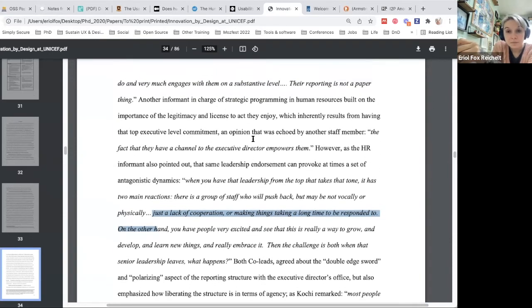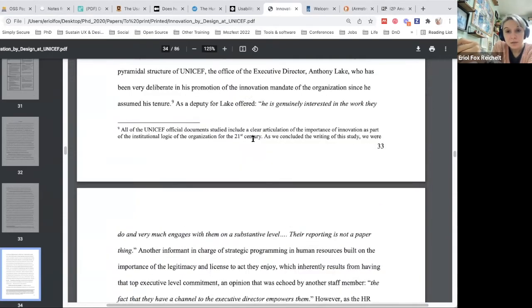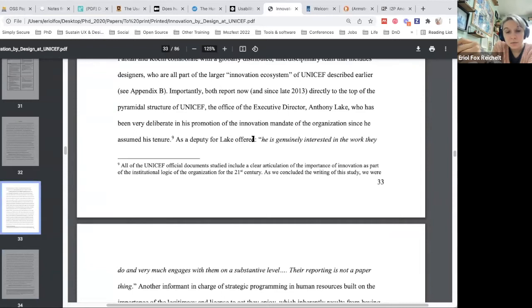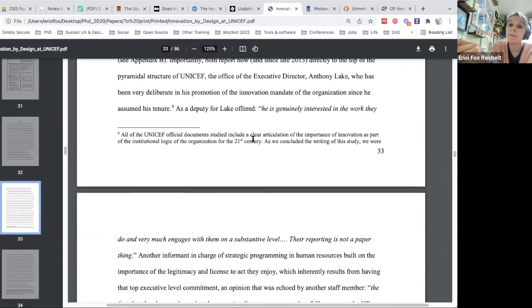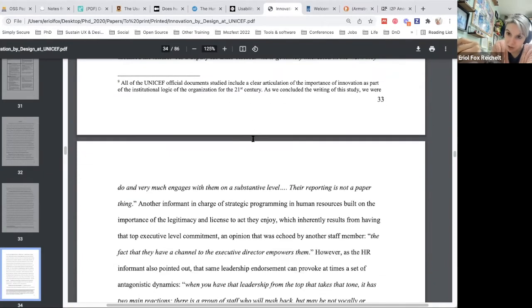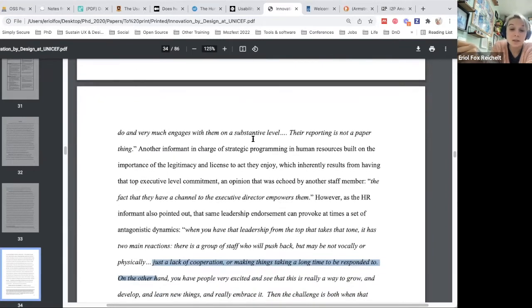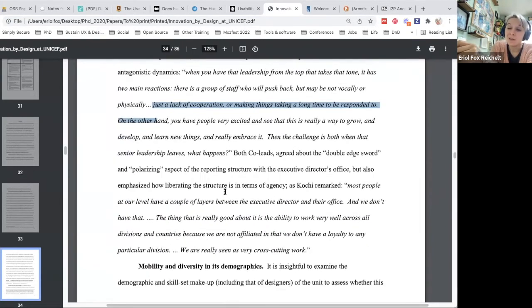And I believe that this is in reference to the attention that the innovation unit was getting from certain members of staff at UNICEF and their ability to do things certain ways, and that innovative approach to the work that they were doing was causing some antagonistic behaviors from other folks across the organization. So a little bit different to the antagonistic stuff that can happen in open source, but still.